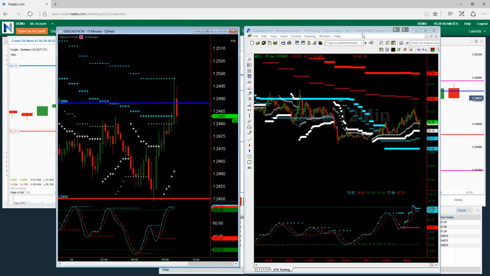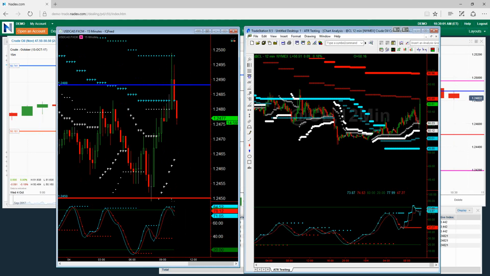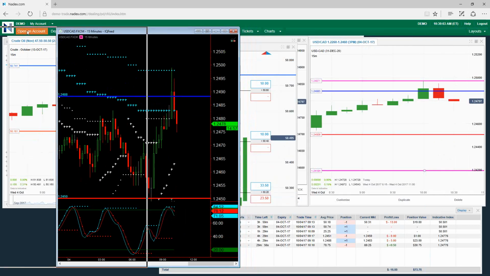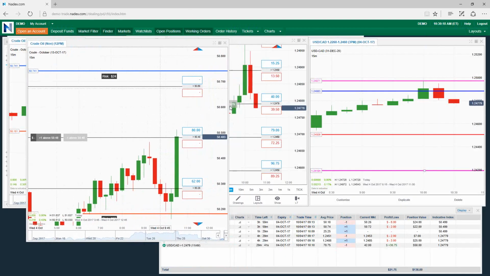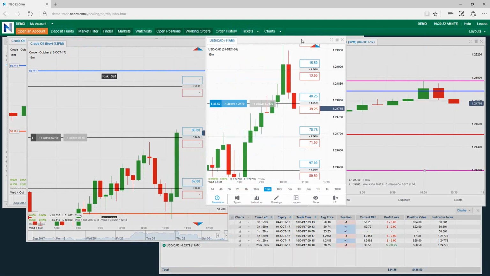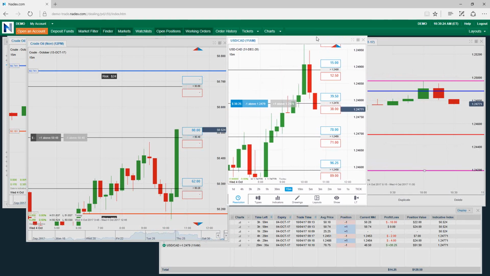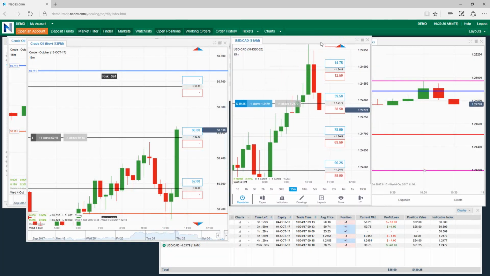That's your inverse relationship. And do you see how these grayed out? It's because the market's moving so quickly right now. Do you see how the US CAD is coming down? This is your inverse relationship.